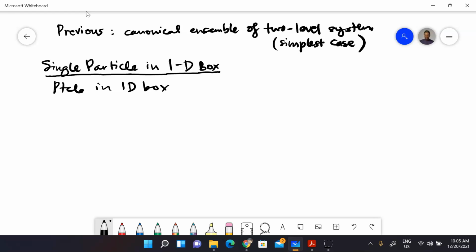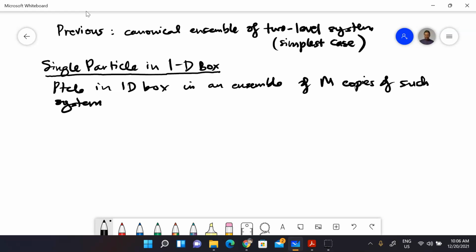But now we are doing a canonical ensemble of it. So we will have replicas of this particle in a 1D box, an ensemble of m copies of such a system. One should also write this assumption, which will be discussed later in a different chapter.